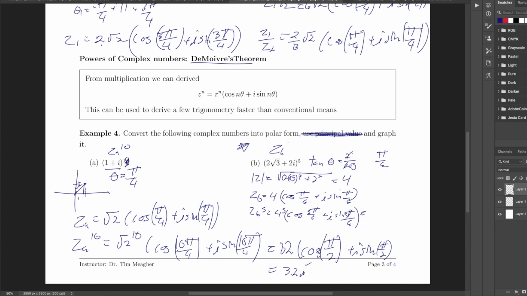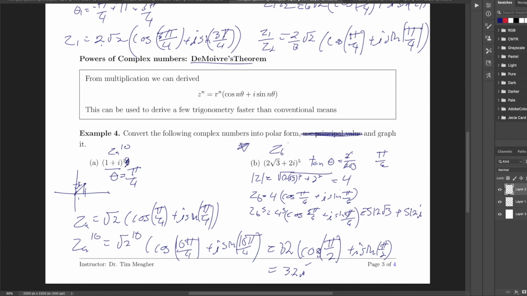This is minus square root 3 over 2, and this is just half. And so this becomes minus 512 square root 3 plus 512i.